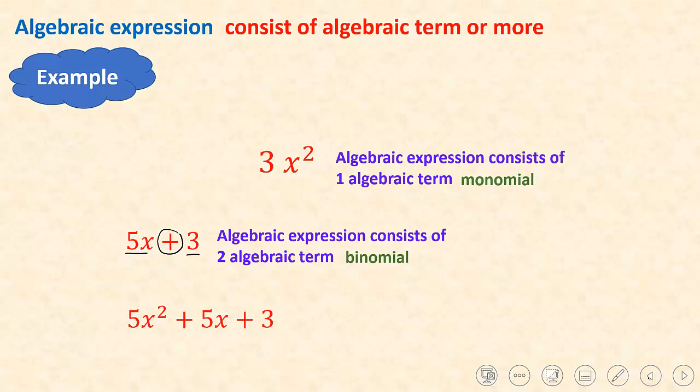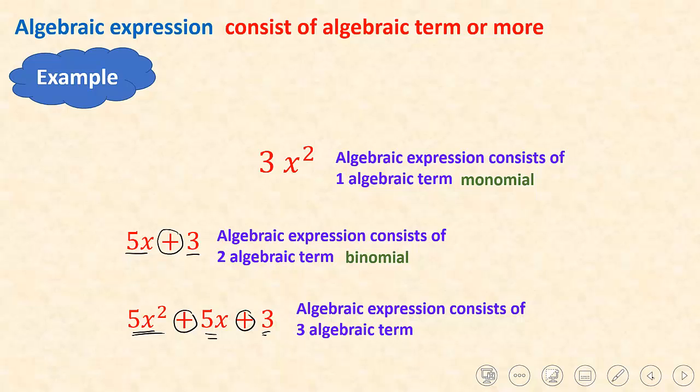Let's go now and see how many algebraic terms I have here in this algebraic expression. I have here 3 algebraic terms: 5x squared, 5x, and 3. So, when I have an algebraic expression containing 3 terms, this is called a trinomial.